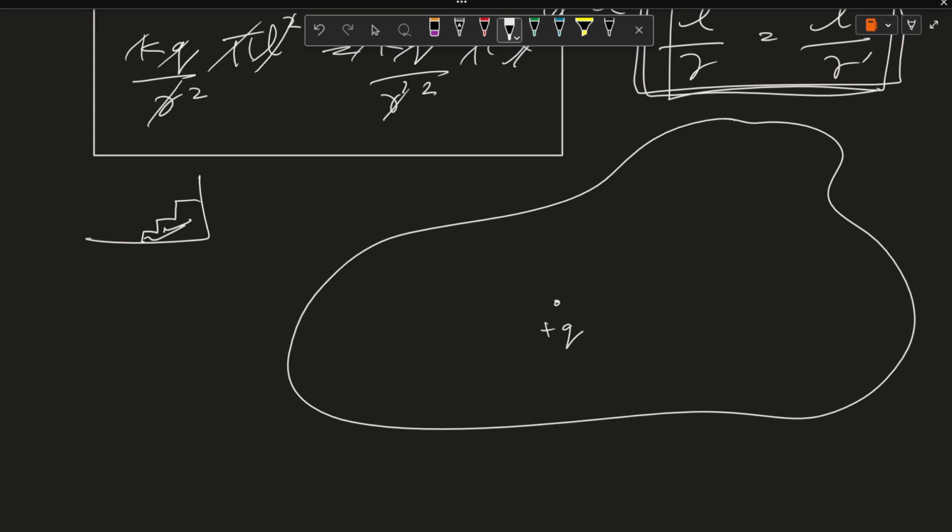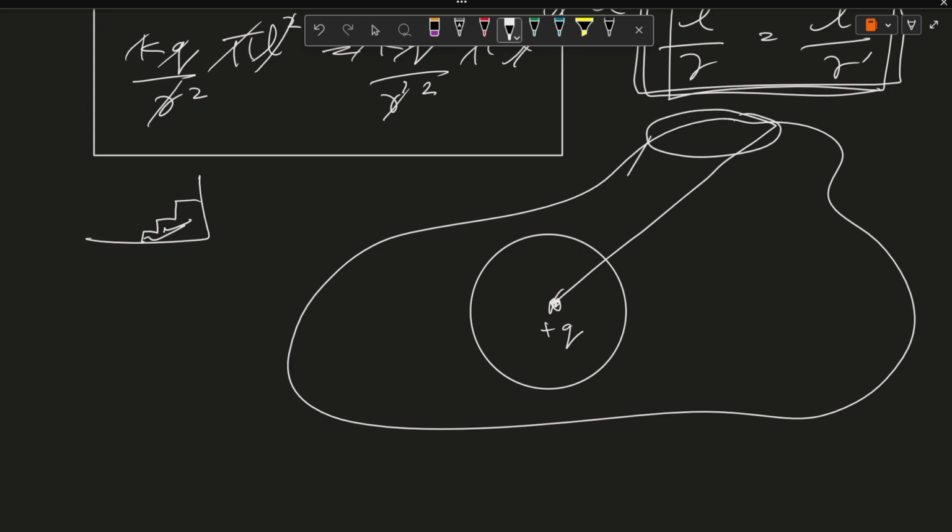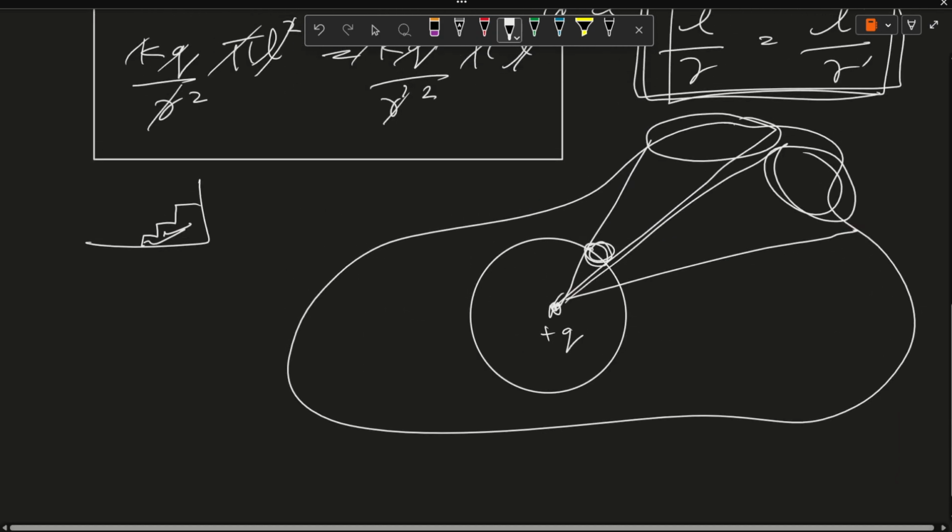Now I want you to do the same thing. I want you to imagine a sphere at whose center this charge is located. Now I want you to again conceptualize it with the help of solid angles, right? These solid angles, I want you to conceptualize them with respect to that.